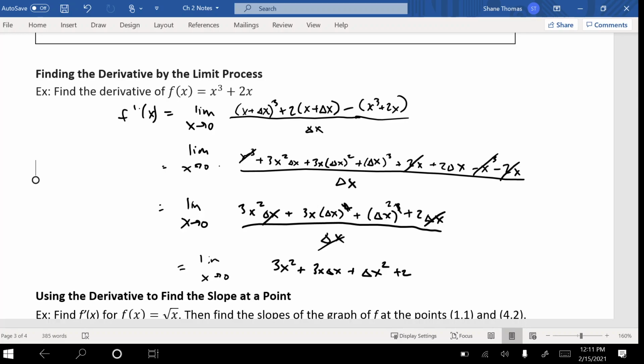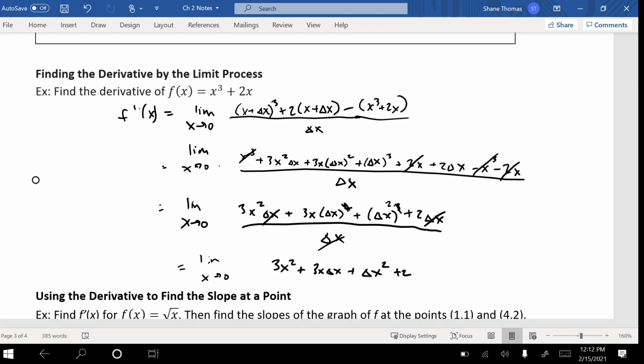Yep, it's the same as factoring out a delta x on top. Since I took a delta x from the bottom, I took 1 delta x from every single term on top. So in 3x squared delta x, there's only 1 delta x, so it's gone. Second one, I had 2 delta x's because it was squared, so I took 1 away, leaving 1. The other one I had 3, so I left with 2.